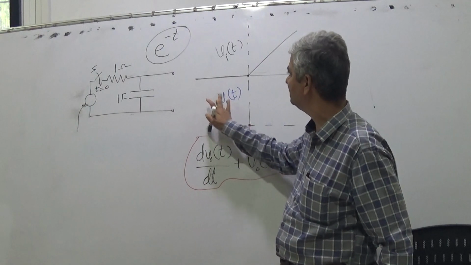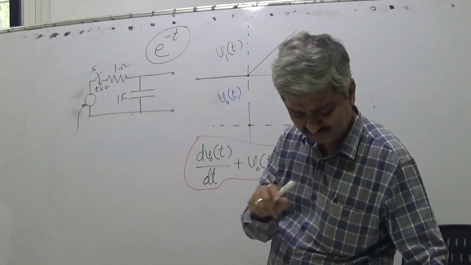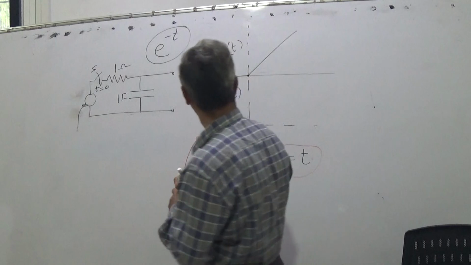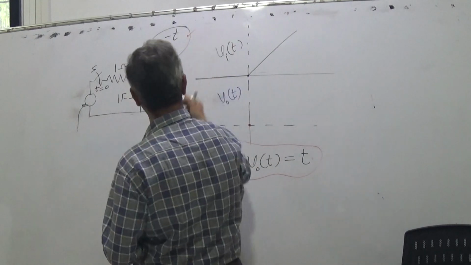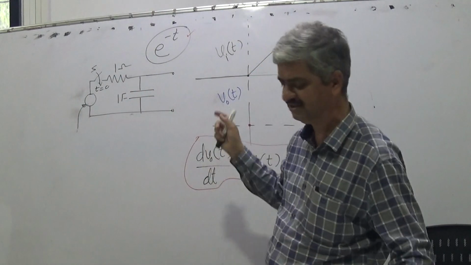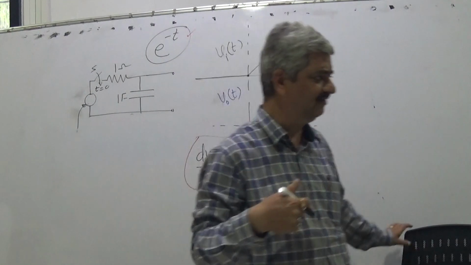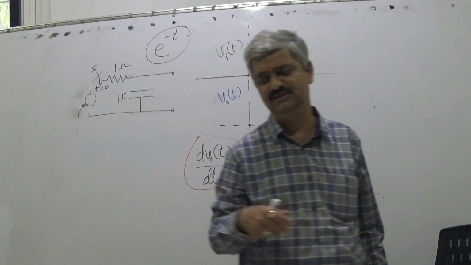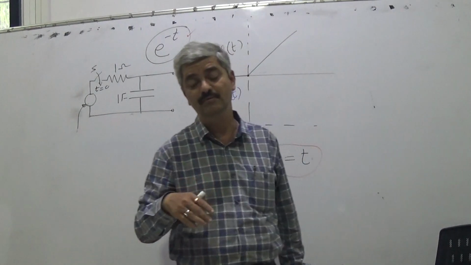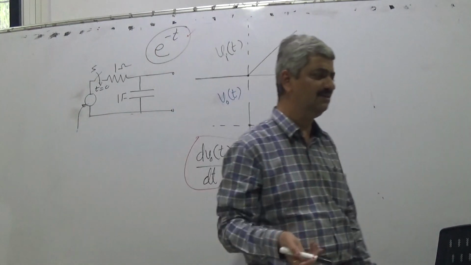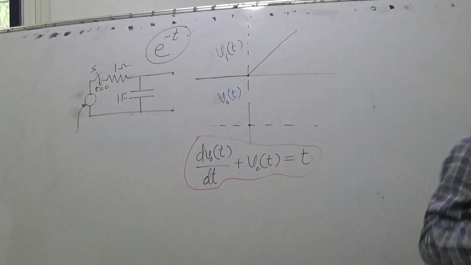That time we said that the solution must have something related to e raised to t, e raised to minus t in this differential equation. So we checked, and it was incomplete last time, whether e raised to minus t is the solution, and we were halfway.